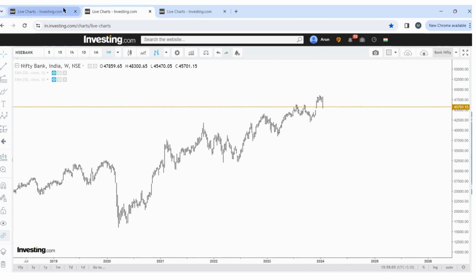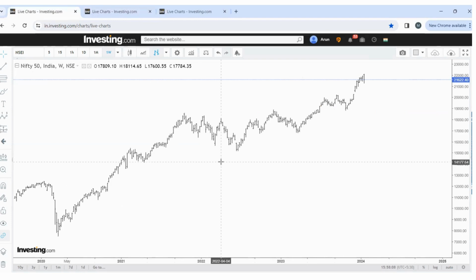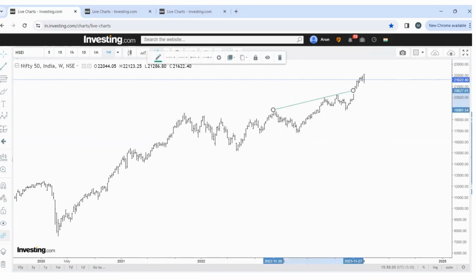If you remember, I think I posted a video around October, with the title Cautious on Markets. I said that because I was able to see an ending pattern in Bank Nifty and also in Nifty at that time. See this kind of structure.